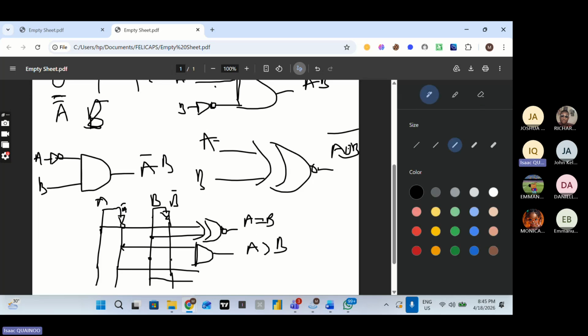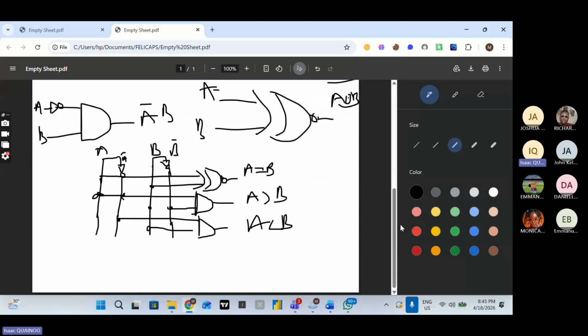Yeah, B naught. And then A. So here we have A naught, which is this point. And then we have B, which is right here, this point. So this is going to give us our A is less than B.